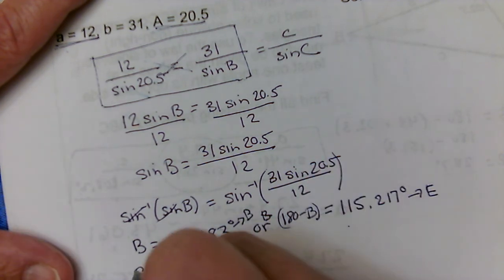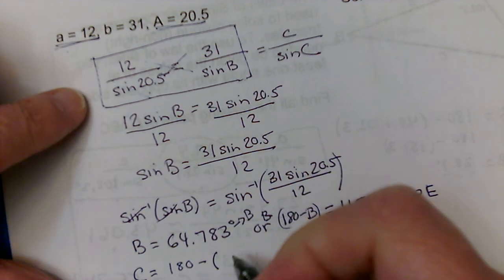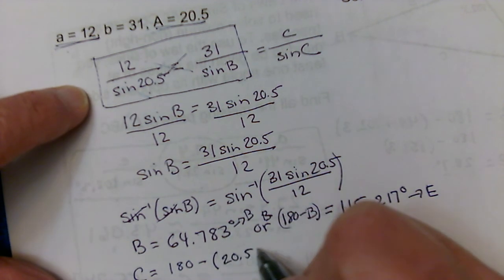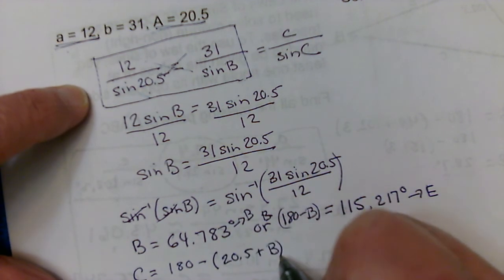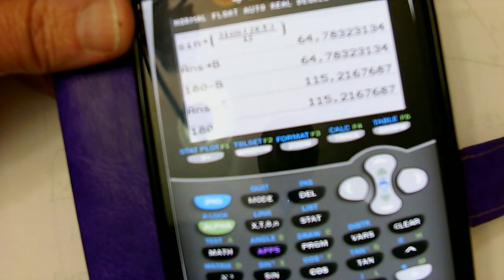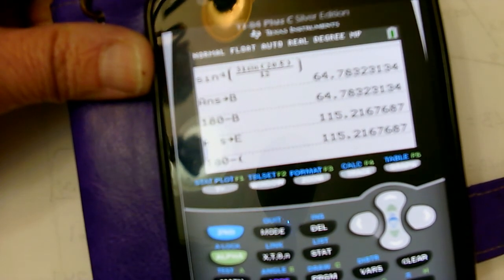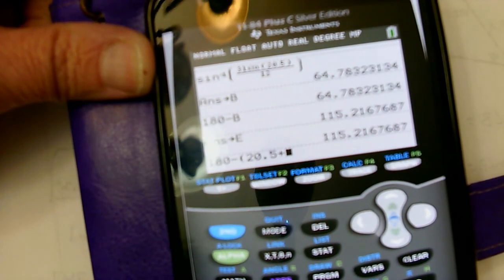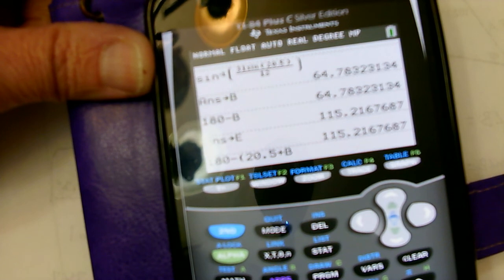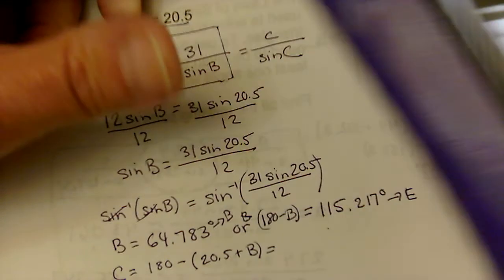So now angle C is going to be 180 minus the quantity 20.5 plus angle B, which is 94.717.